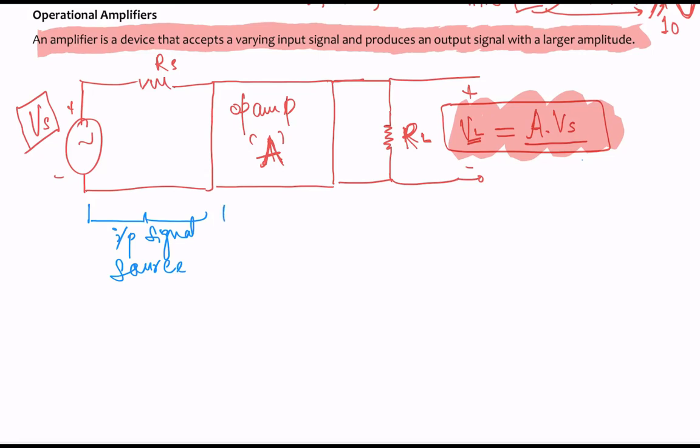The next component is the amplification of the signal, so this is the amplifier right here. And with this amplifier, we have the load that is connected, and therefore the third component is the load here.